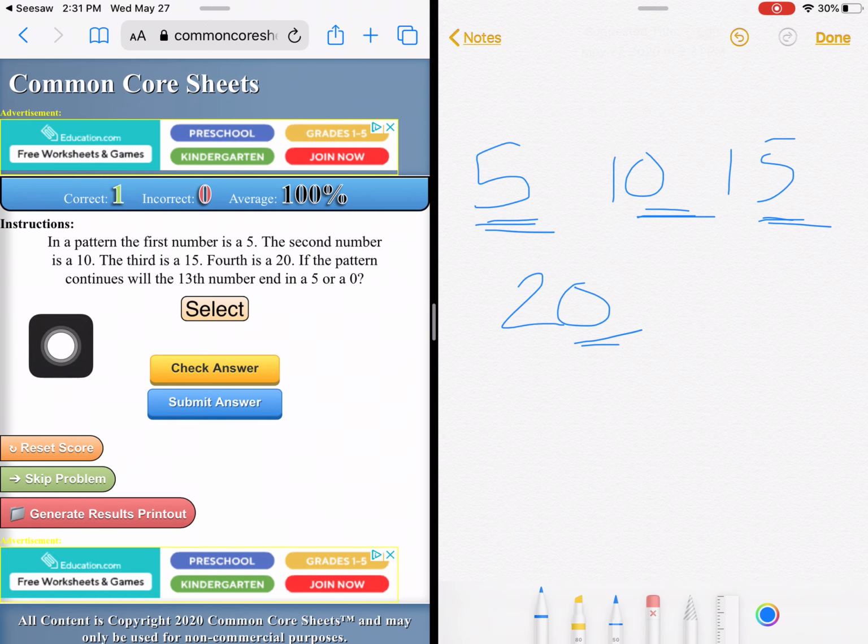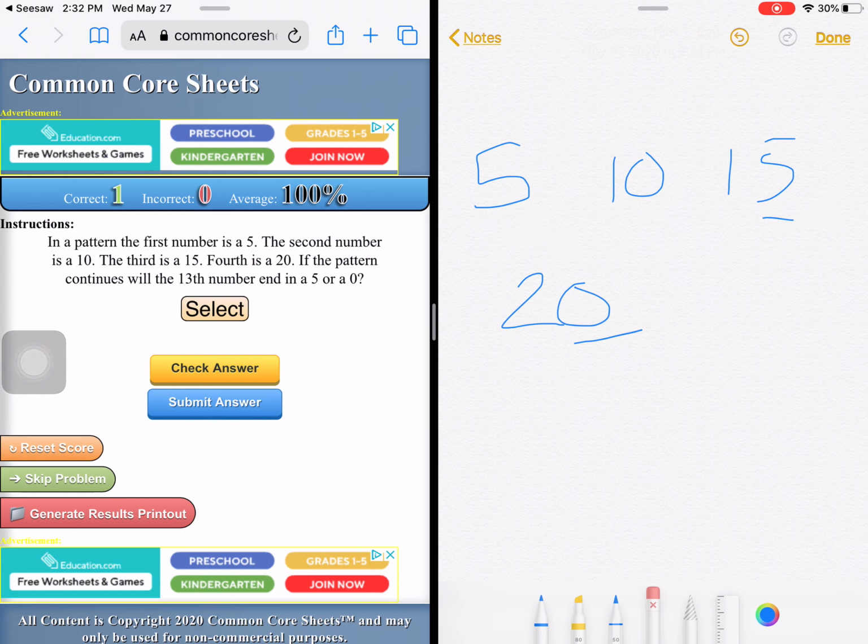So here's another one. In a pattern, the first number is a 5. I already have that. The second number is a 10. I have that. The third number is a 15. Oh, look, it's almost the exact same. The fourth number is a 20. If the pattern continues, will the 13th number end in a 5 or a 0? I'm going to erase my underlines because I want to recheck them.